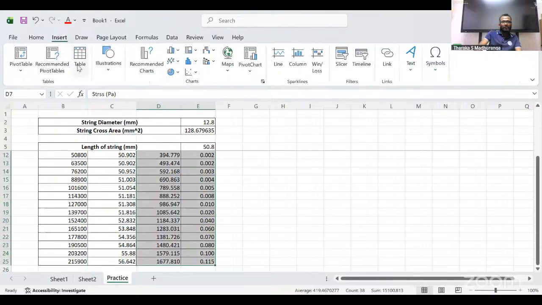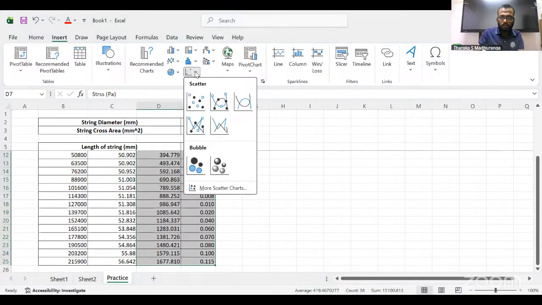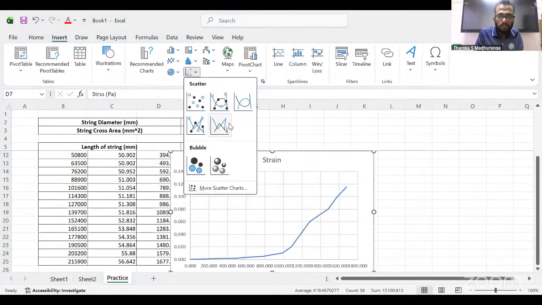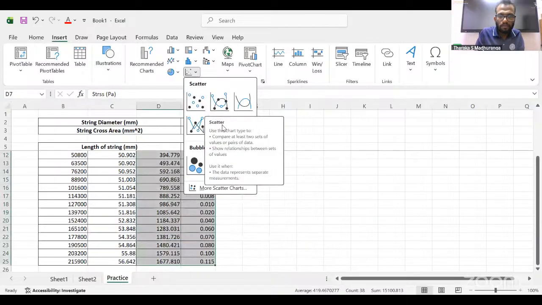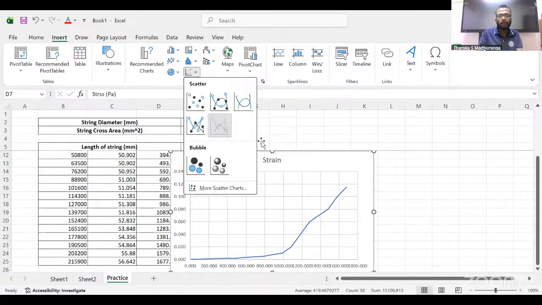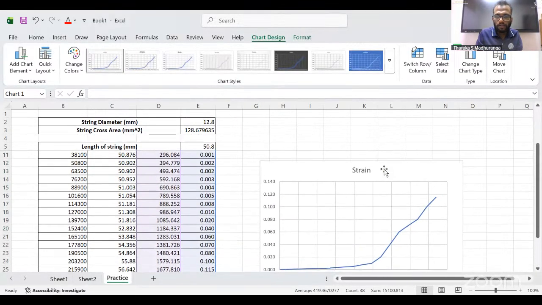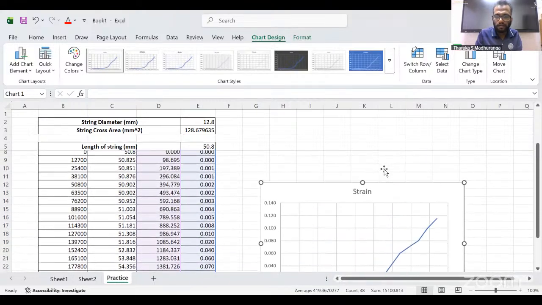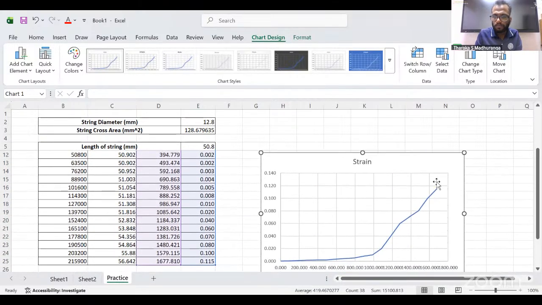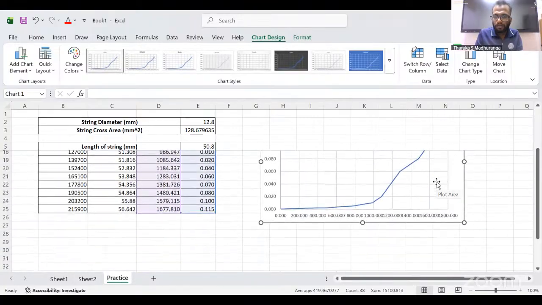Then you can select insert and select a suitable one. This one is good, right? This is a suitable graphical representation. This is strain and stress.